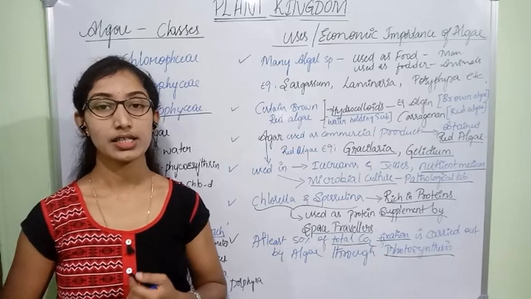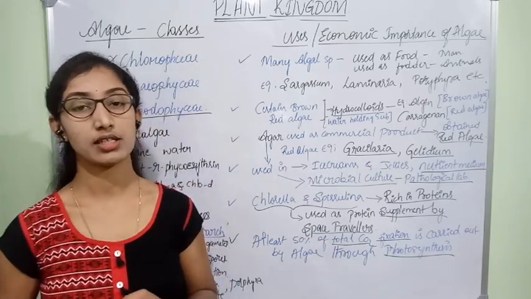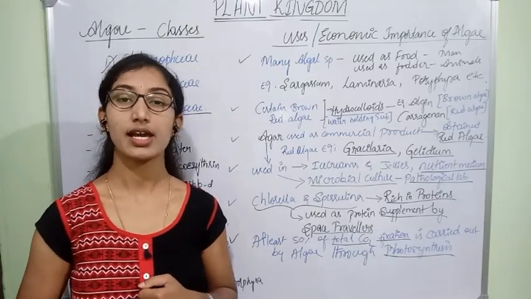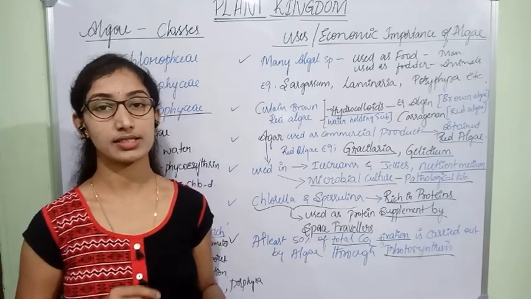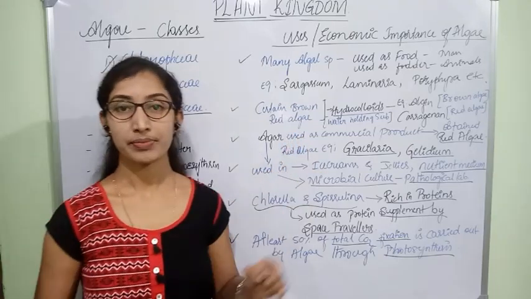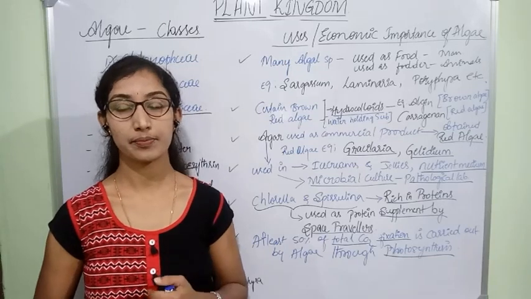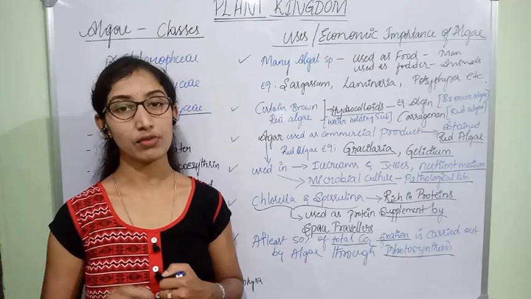So in this class we discussed the last type mentioned in your text, that is Rhodophyceae, and studied some of their basic characteristics, took up some examples, and also covered the economic importance of algae. So this completes the class on algae.